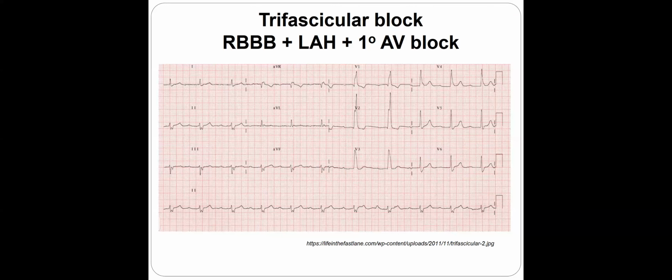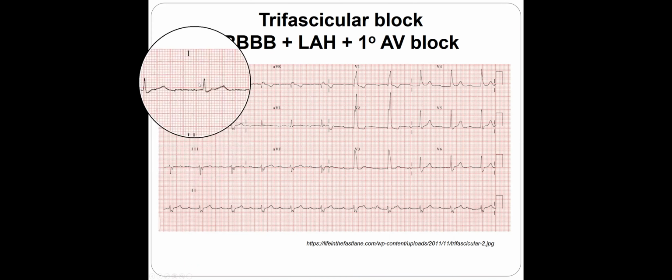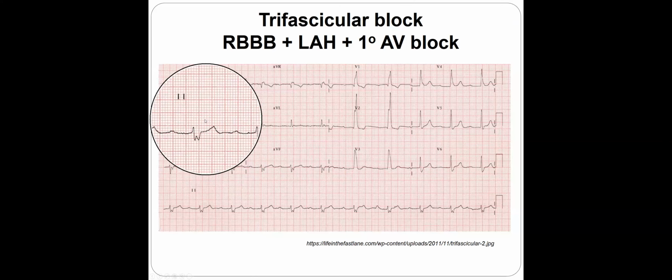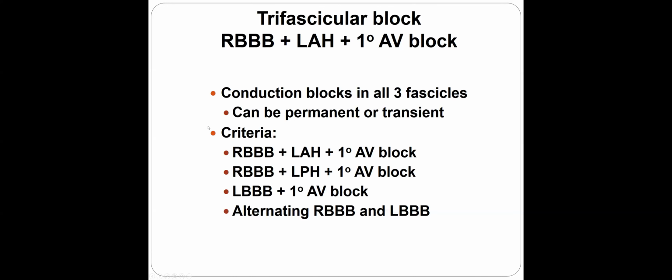Now, trifascicular block means that we have a right bundle branch block, a left anterior or posterior hemi block, plus a first degree AV block. So the PR interval is very long. A typical sign of right bundle branch block, an axis extremely left or right deviated, and first degree AV block can be the trifascicular block.